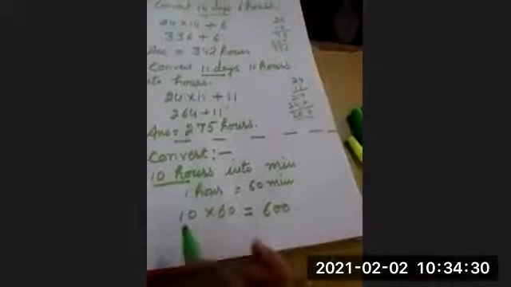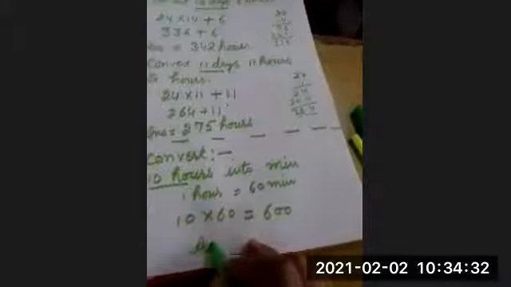Now convert 10 hours into minutes. 10 multiplied by 60, we have 600. So in 10 hours we have 600 minutes.